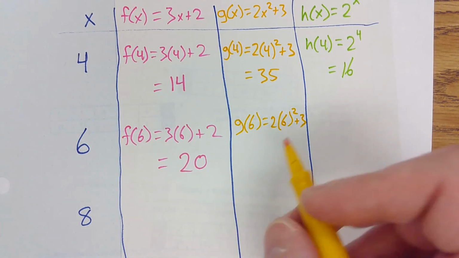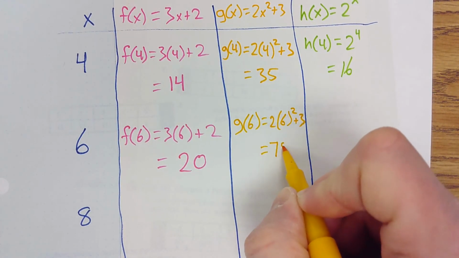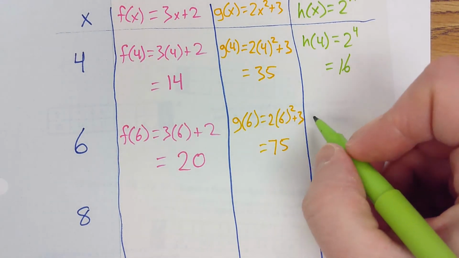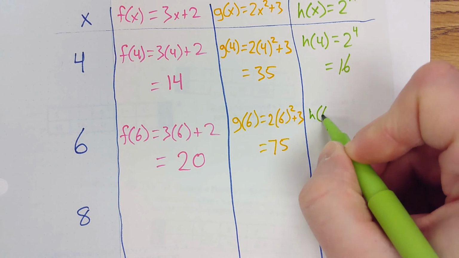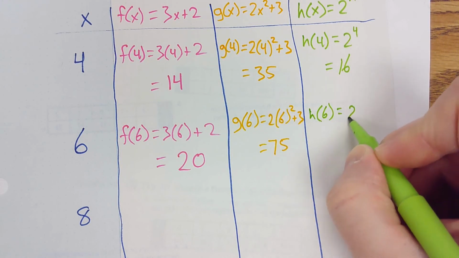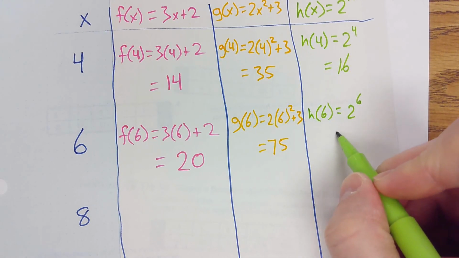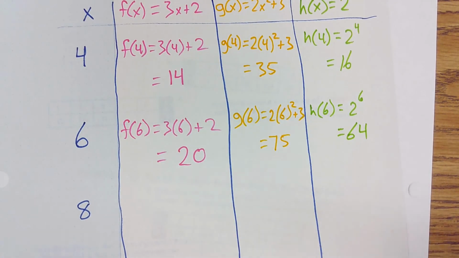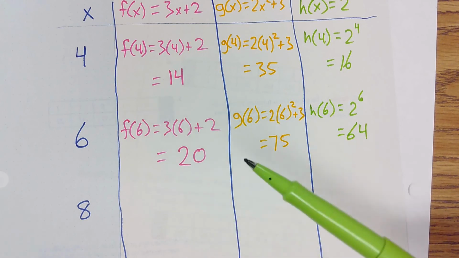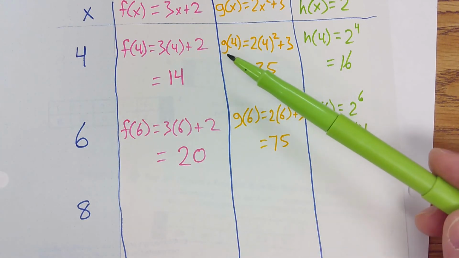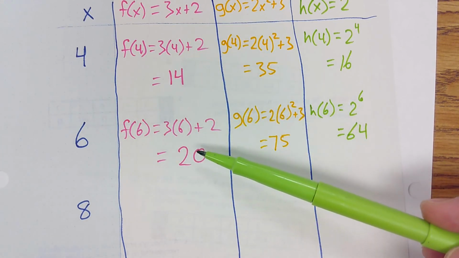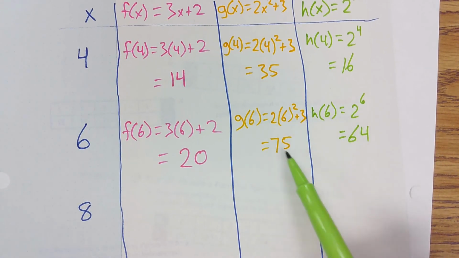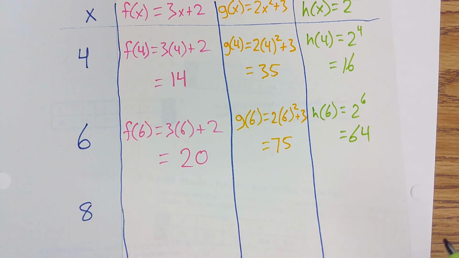And that one comes out to be 75. And our exponential, h of 6 equals 2 to the 6th power, which is 64. So now we notice, moving to our value of 6, that they're all growing. The linear is growing fairly slowly. The other two are growing quickly, and they have much higher values at this point than the linear function does.